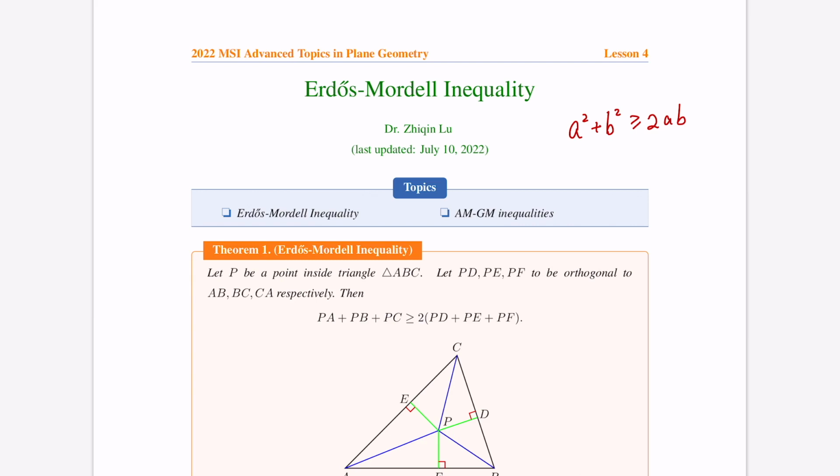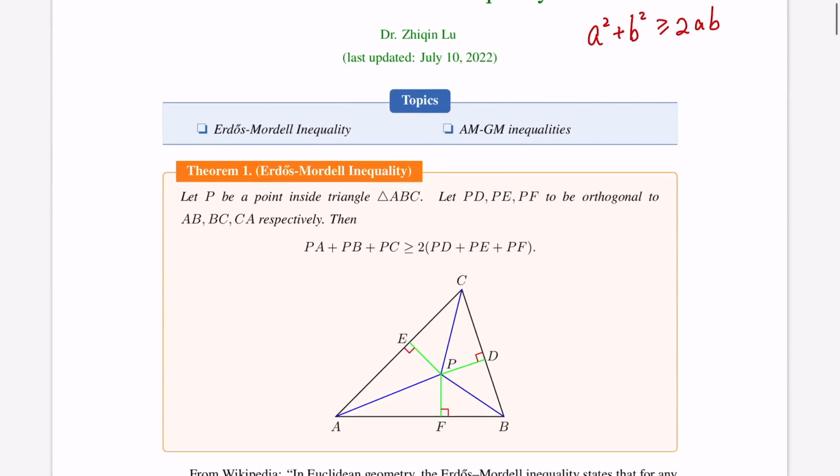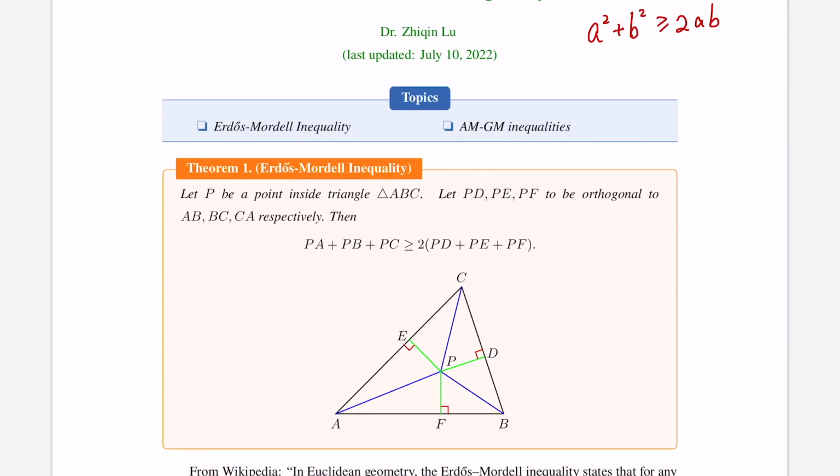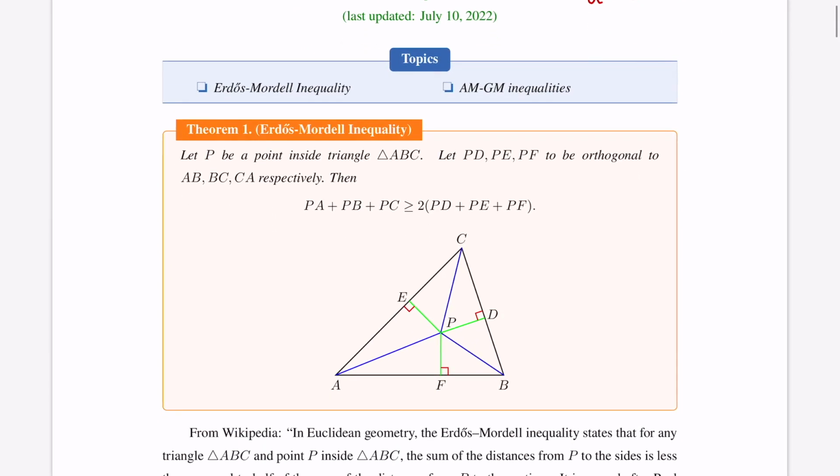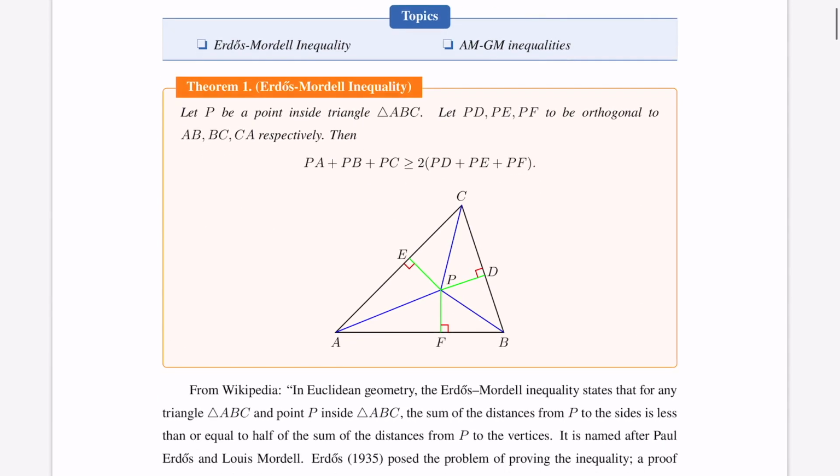Okay, so let's go back to the Erdos-Mordell inequality. Paul Erdos is a very famous Hungarian mathematician. In 1935, he posed the following problem in the American Mathematical Monthly.